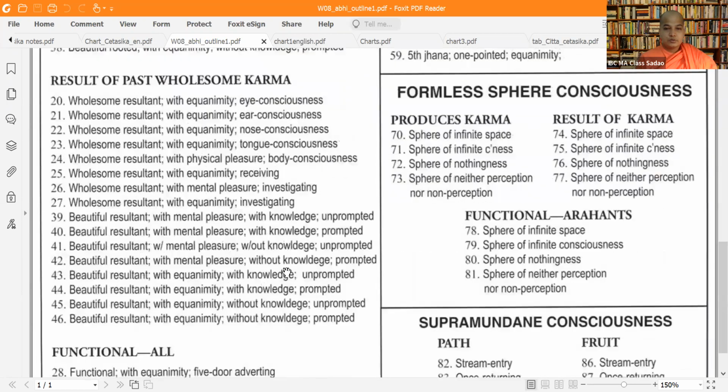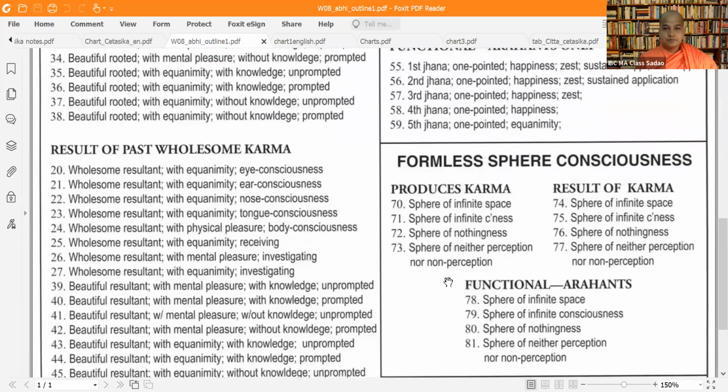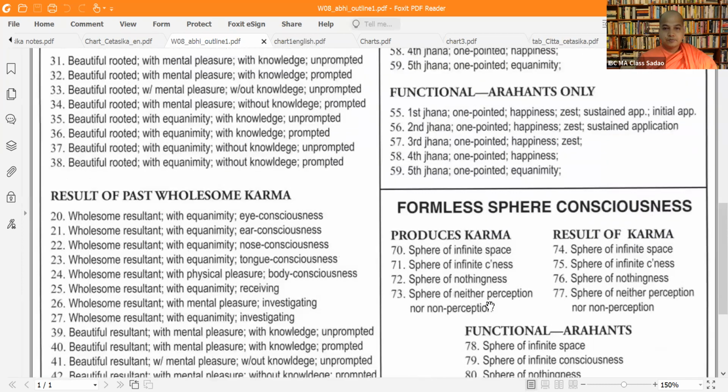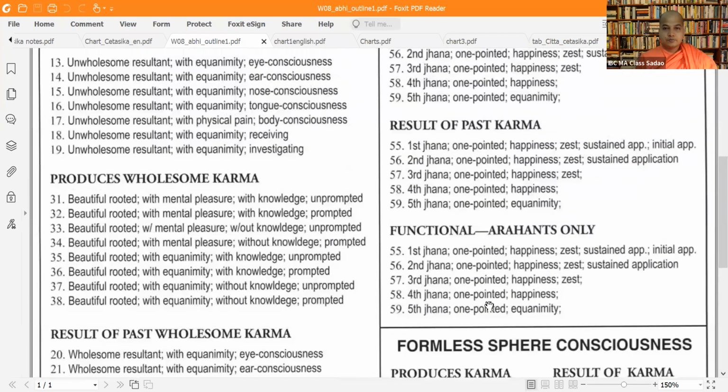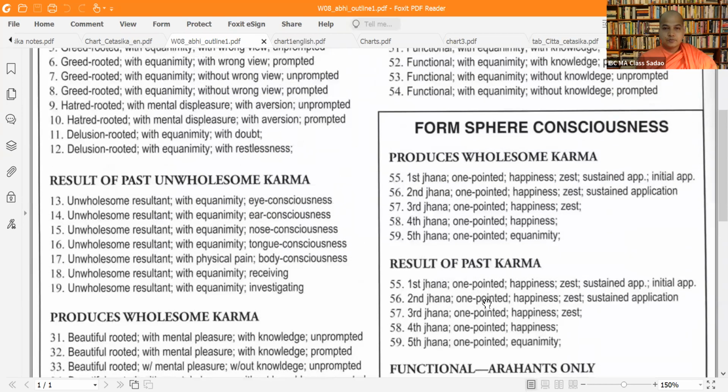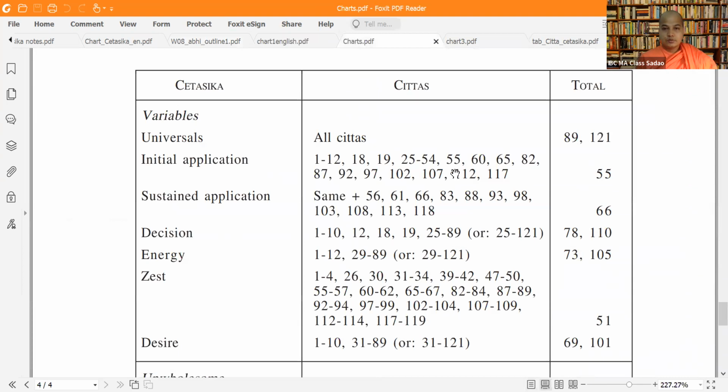Numbering is also different here. Here, 54. 82, 87.